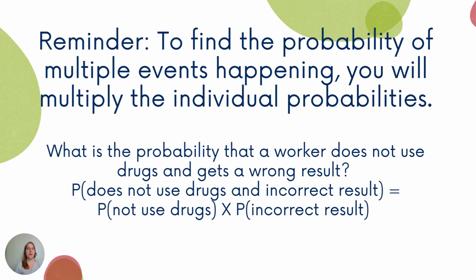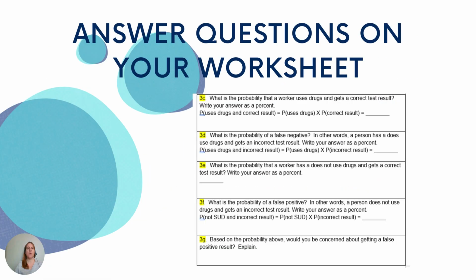So, for example, imagine that we wanted the probability that a worker does not use drugs and gets a wrong result. We would multiply the probability that a user does not use drugs times the probability of an incorrect result. Return to your worksheets and finish up number 3.